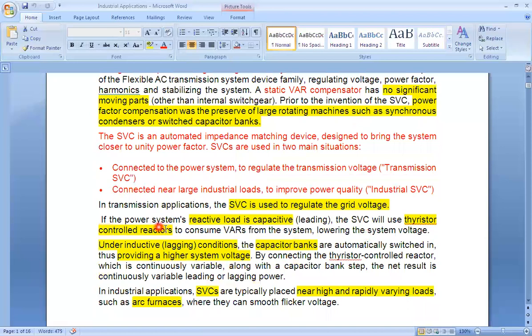So if the power system's reactive load is capacitive, that is a leading load, SVC will use the thyristor controlled reactor. अगर आपका लोड जो है कैपेसिटिव है ना, तो लीडिंग नेचर पे हो जाएगा. हमारा काम क्या है, यूनिटी लेवल पे लाना, लीडिंग पे भी नहीं लाना है और लैगिंग पे भी. हमारा नेचर पावर फैक्टर का क्या होना चाहिए, यूनिटी.